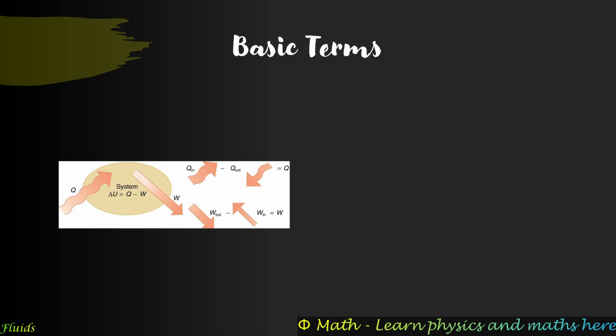Mechanical equilibrium means that it is at rest, thermal equilibrium means that it has no temperature change, and chemical equilibrium means that it is not reacting with any substance. Next we have thermodynamic states. A system can pass energy by work and heat, and we are going to study that in the laws of thermodynamics.